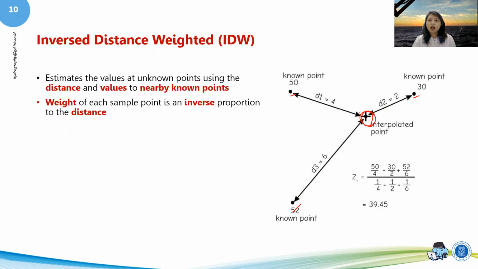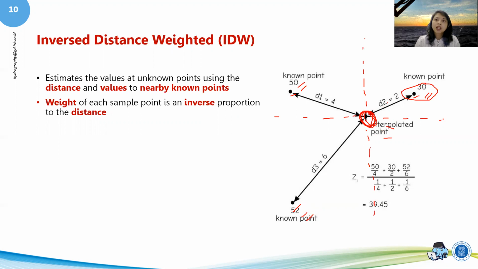Remember that IDW is basically a gridded method. You can imagine that this is your grid, and those are your data. We want to know the value in this grid cell, so we interpolate at the point based on the closest observed points. We have three closest points here, which are 30, 50, and 52, and the closest one is the 30.